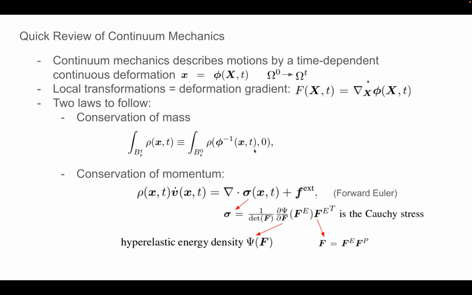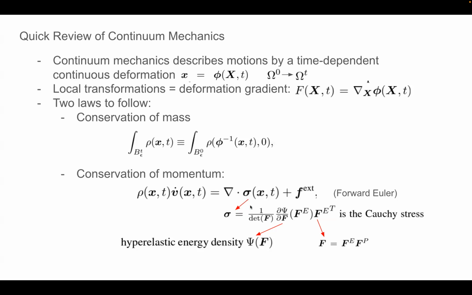So if you have the deformed space transformed back to the rest space, the sum of the densities should remain the same. And we also have the conservation of momentum, and that is if we have mass times acceleration, or here density times acceleration, that would be the sum of external forces and internal elastic forces.